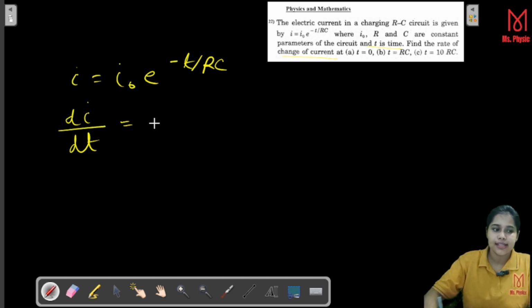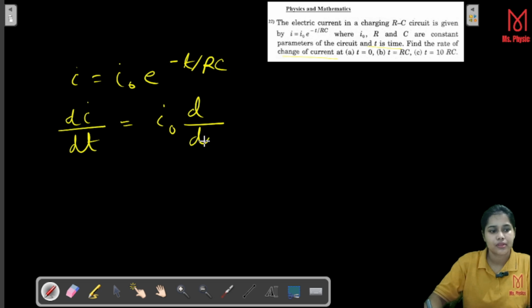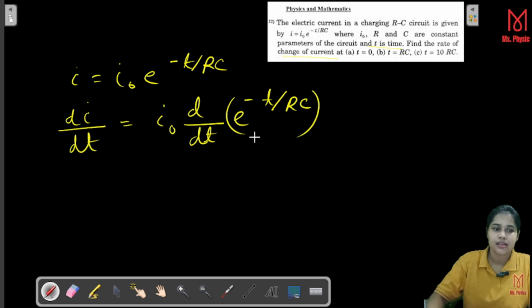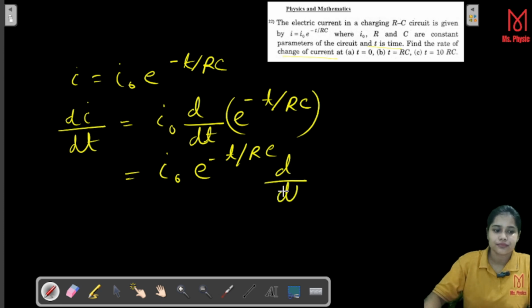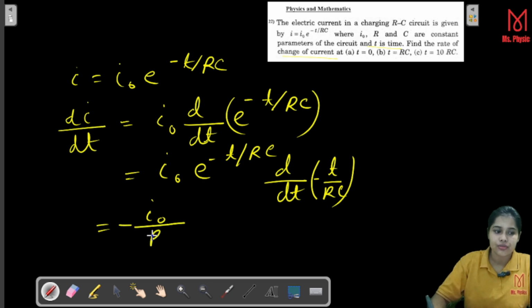So di/dt: I₀ is constant, so we need d/dt of e^(−t/RC). The derivative gives I₀ e^(−t/RC) times d/dt of (−t/RC), which is equal to −(I₀/RC) e^(−t/RC).